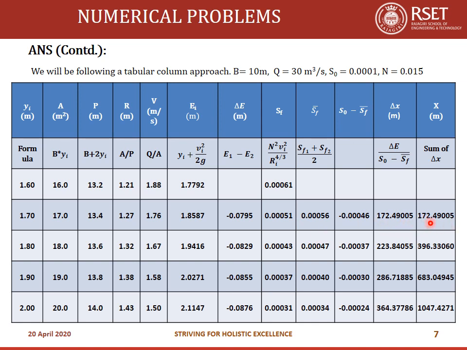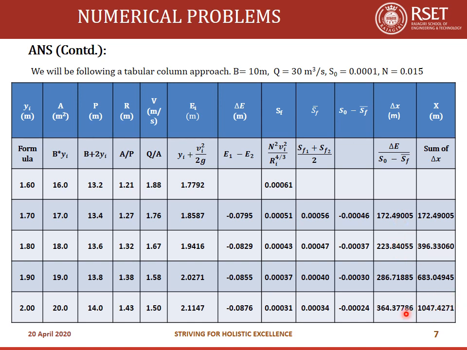172.49005, which was the delta X over here, would be the same value over here. Then it cumulates downwards. So 223 plus 172 would give you 396.33060. 286 plus 223 plus 172 will give you 683.04945. And 364 plus 286 plus 223 plus 172 would give you 1047.4271.